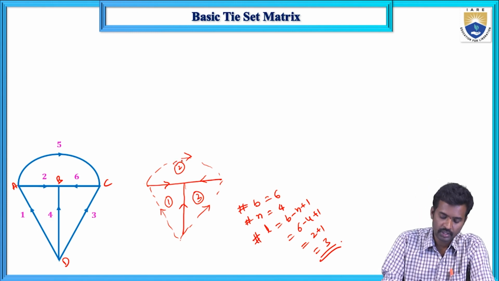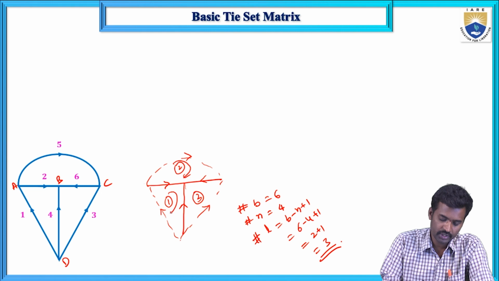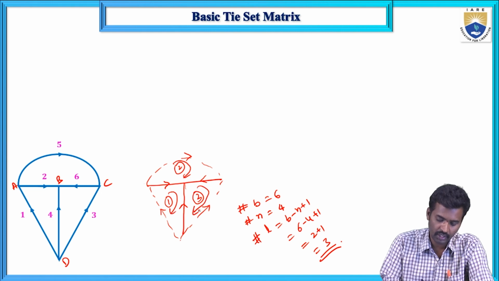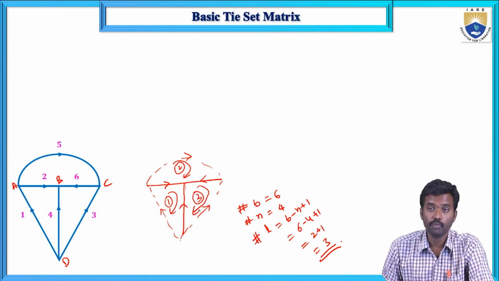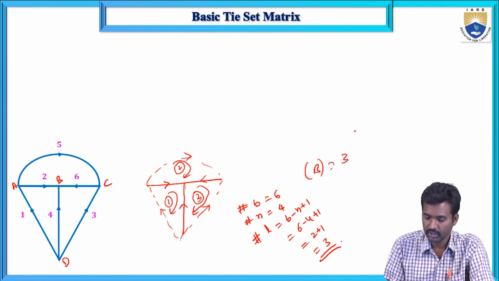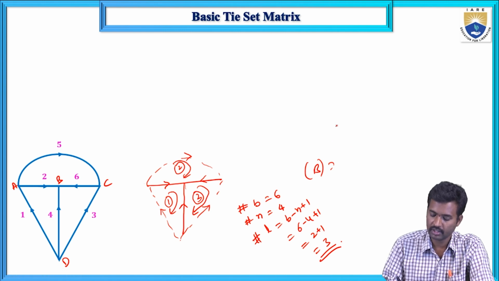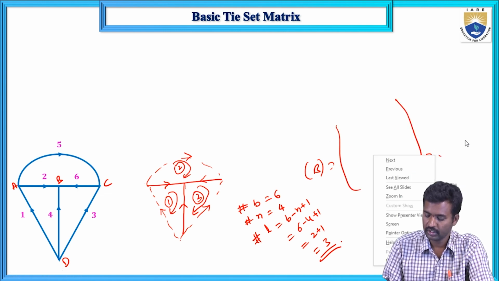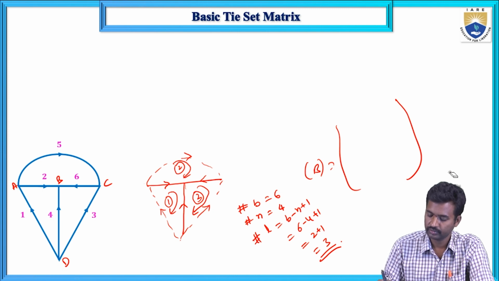Now these directions are always clockwise. The matrix size is 3 cross 6, since the number of links is 3 and the number of branches is 6.